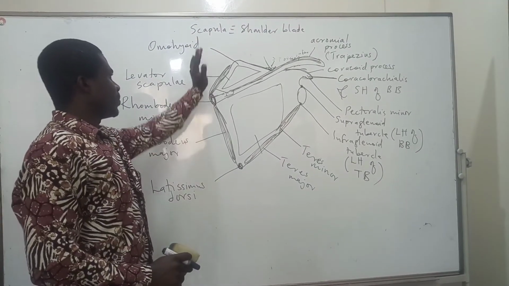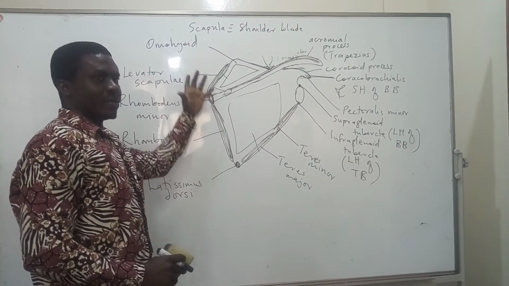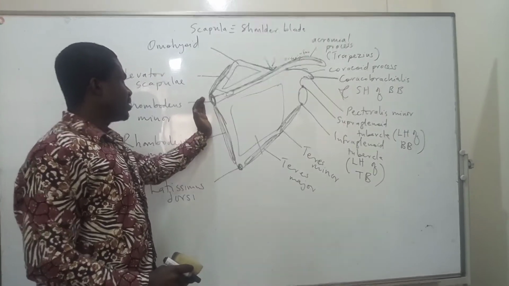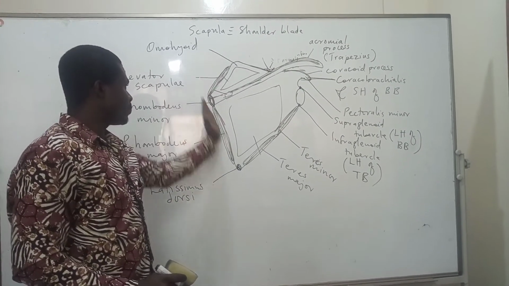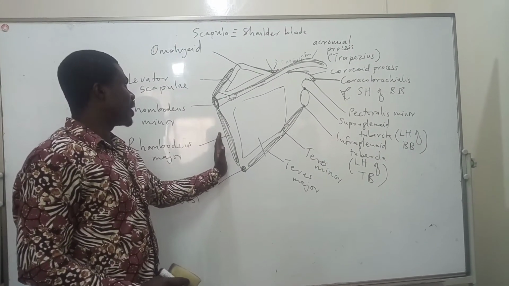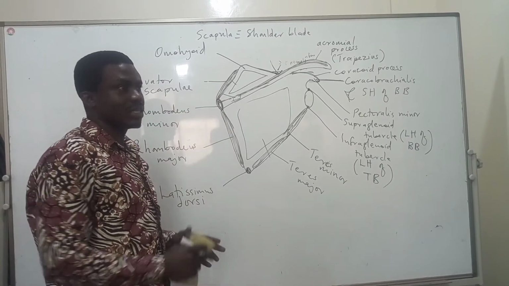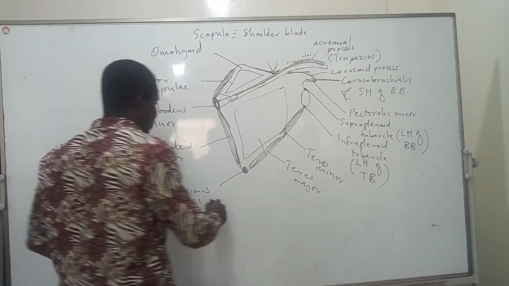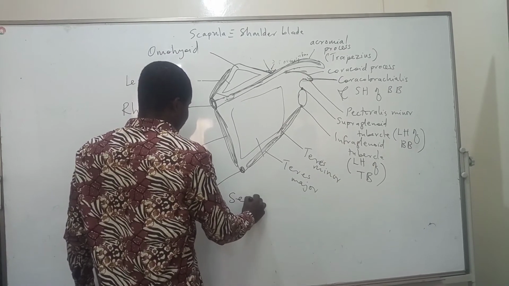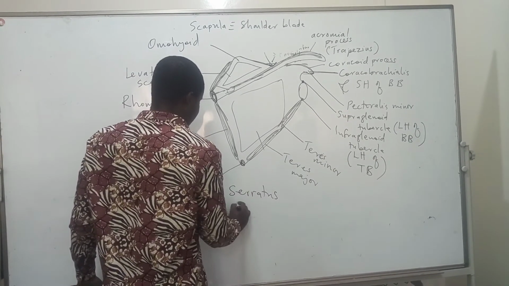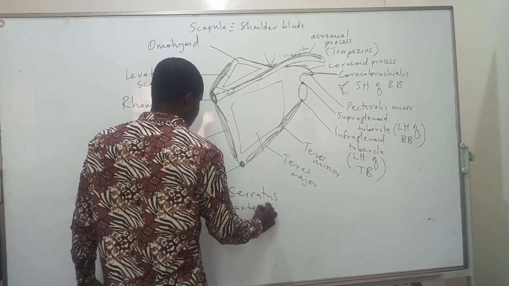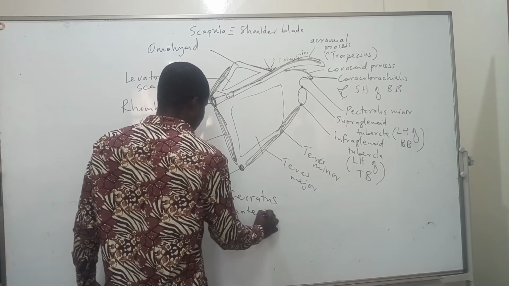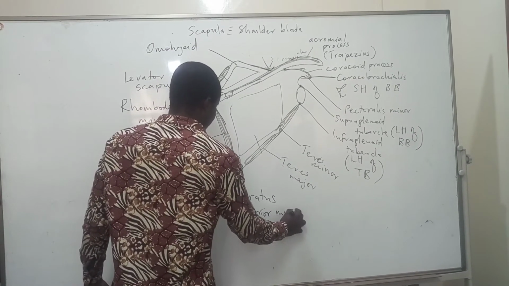Now, the anterior aspect of the medial border provides attachment to a very large muscle, known as the serratus anterior muscle.